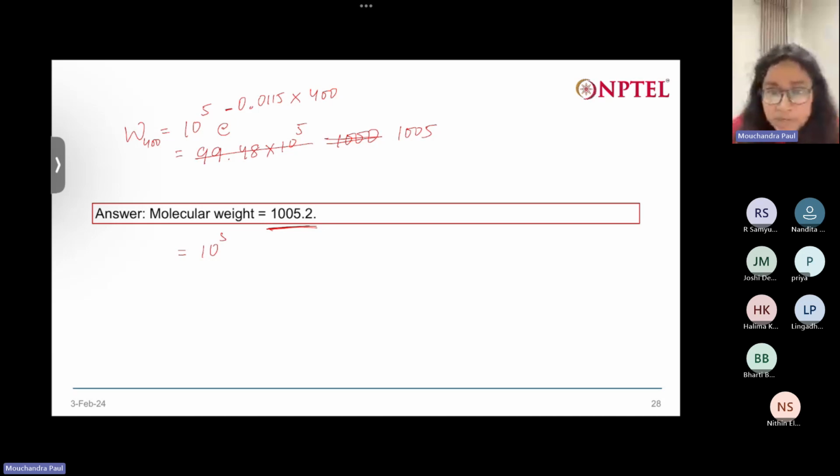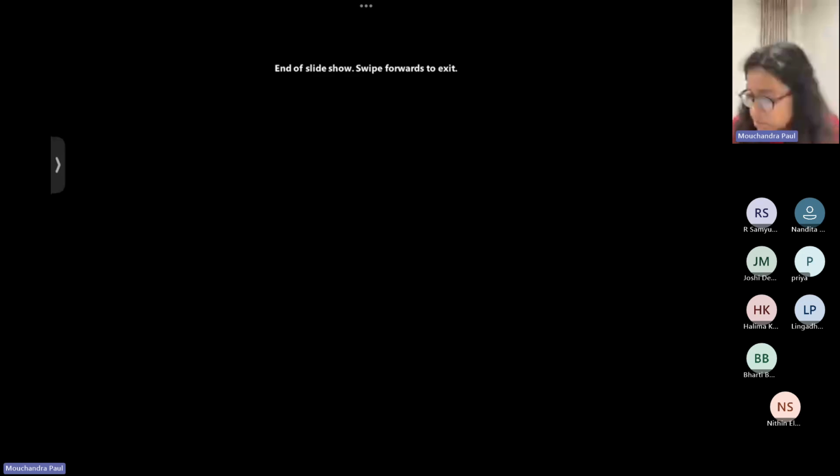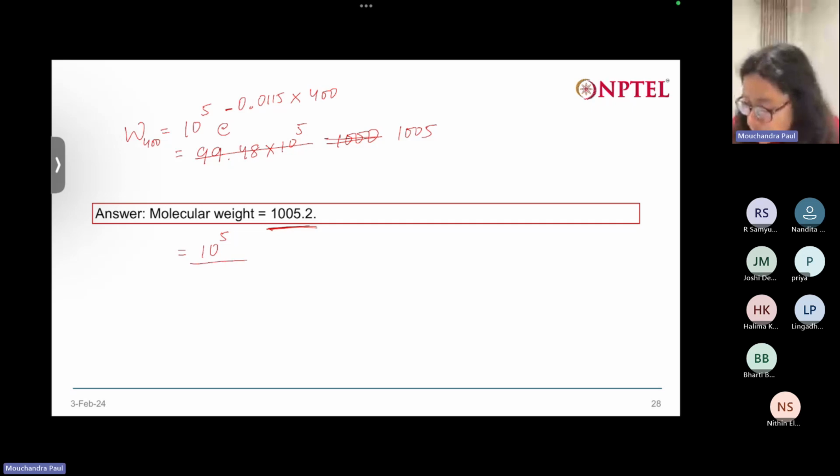First, you have to remove the negative sign. To do that, you take the reciprocal.